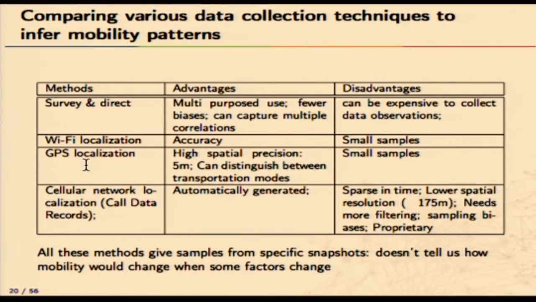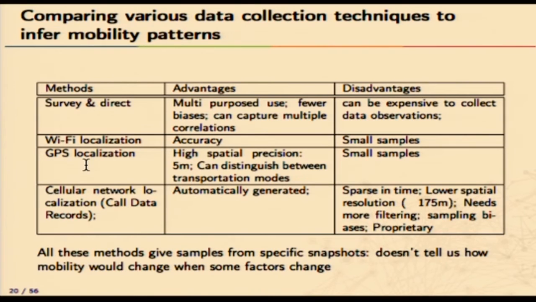So there is a lot of empirical work trying to collect information about mobility, and there are lots of interesting data sets. One can use surveys, Wi-Fi, GPS, and call data records. They have different advantages. For that sample, you can get a good location of where people are, but it's hard to convert that into mobility for the whole population.